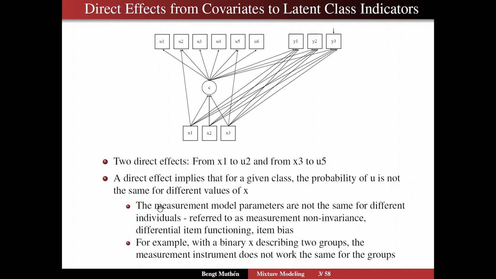That means that the measurement model parameters are not the same for different individuals, and that's referred to as measurement non-invariance or differential item functioning, DIF, in the item response theory context. It's also referred to as item bias. For example, with a binary X describing 2 groups, say males and females, the measurement instrument does not work the same for the 2 groups.